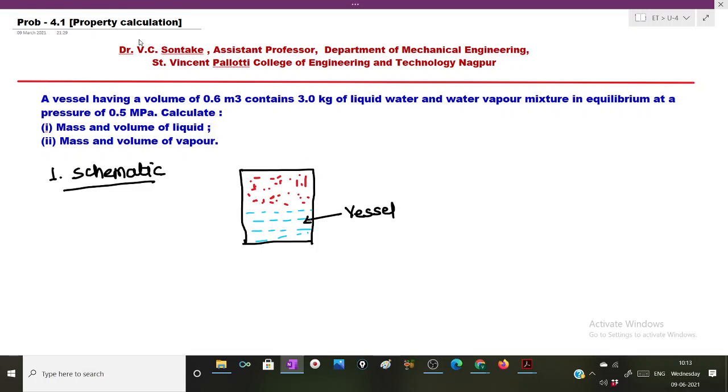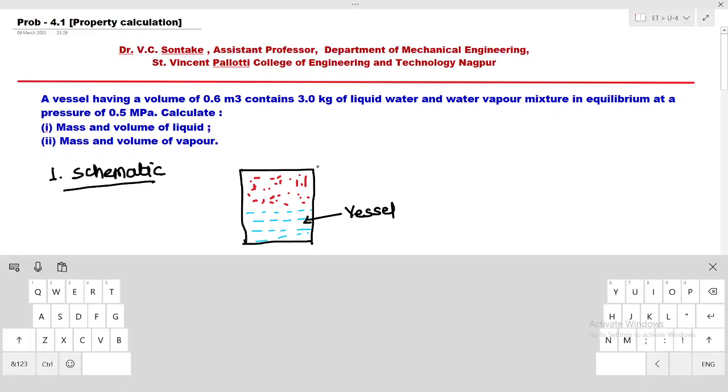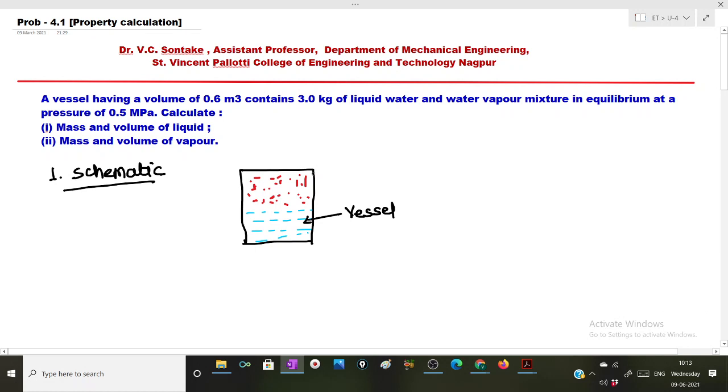So basically, this vessel is containing a water plus steam mixture.